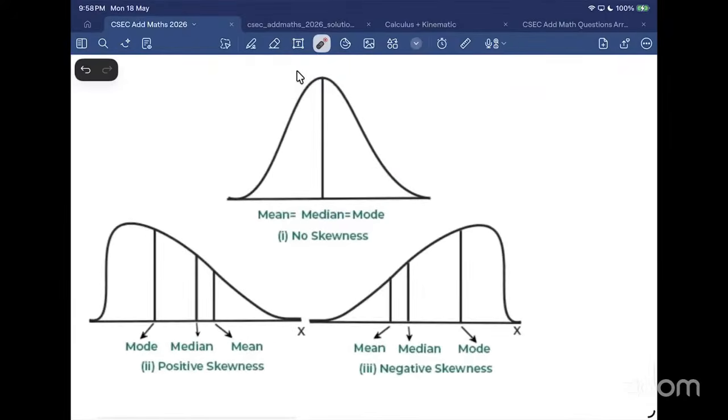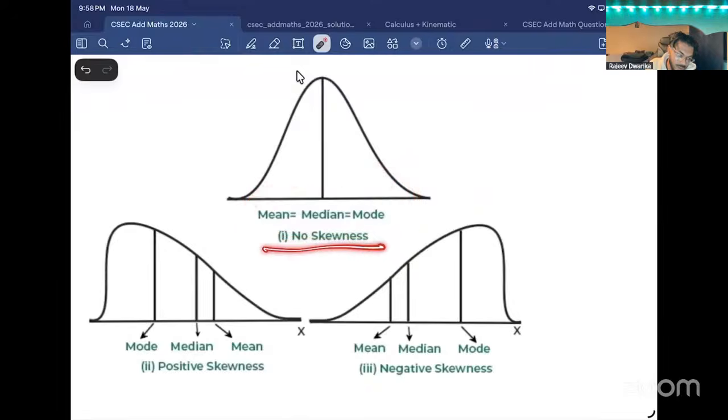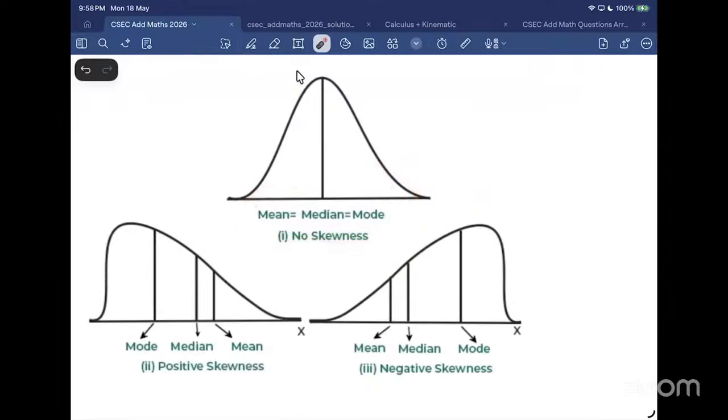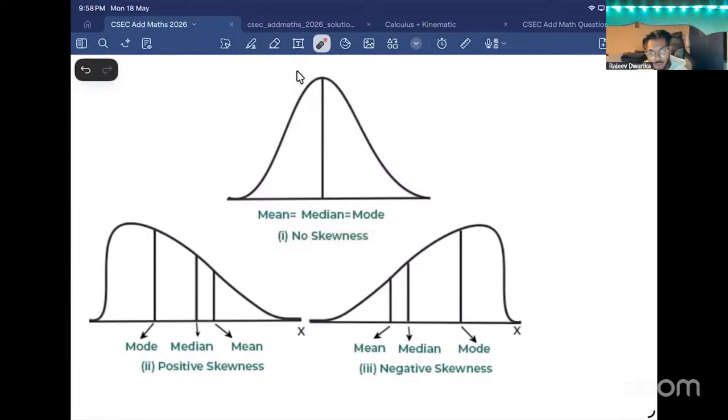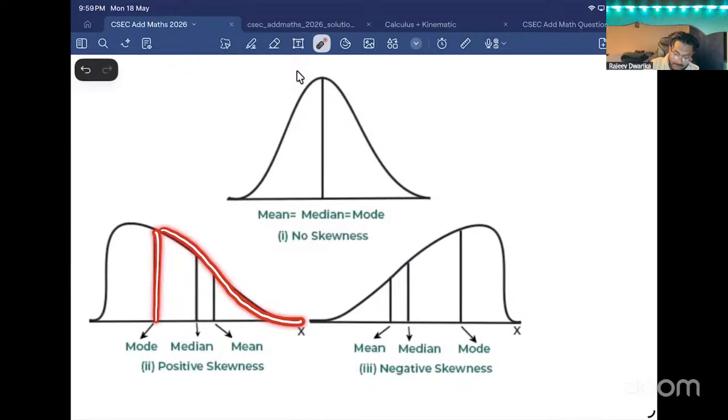Now let me end the debate. If the mean is equal to the median is equal to the mode, that literally means it has no skewness. Skewness refers to where most of your data tends to lie. Look at this: where does most of your data lie?